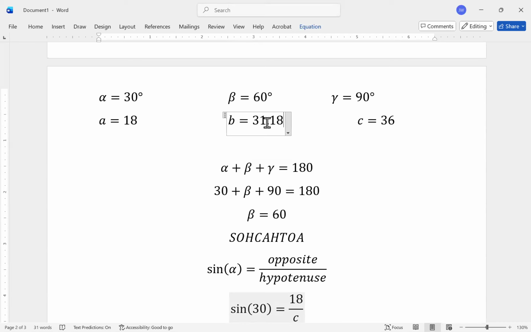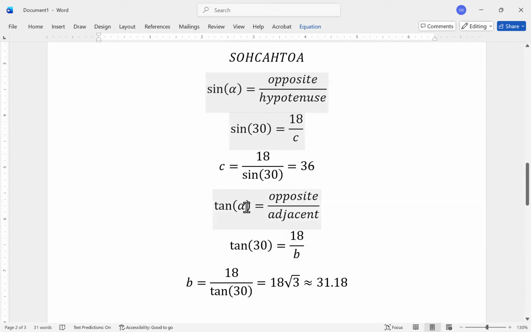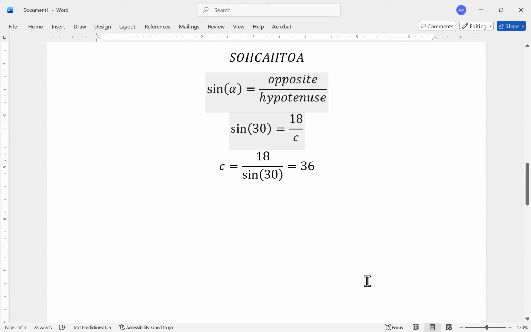By the way, that last step, there was another way to find B as well, not using SOHCAHTOA. Once I have the A and the C, I could have also found B using the Pythagorean theorem.